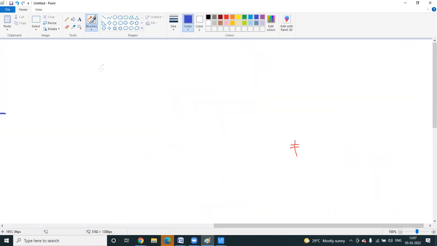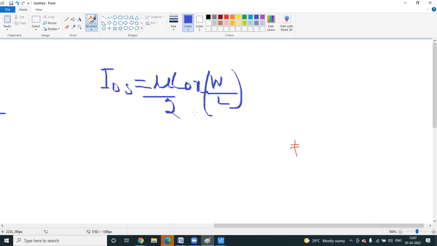What is the current equation? You know, you can take the saturation region, 1 by 2 mu Cox W by L (VGS minus VT) whole square. This is the drain to source current.